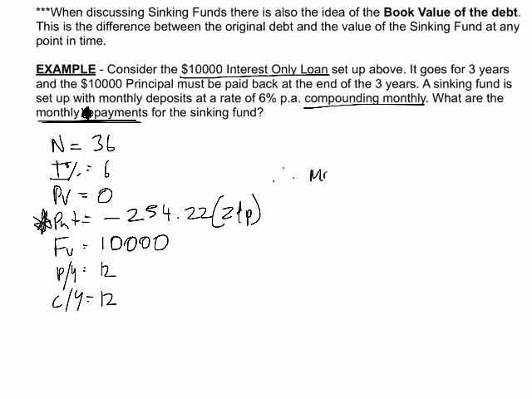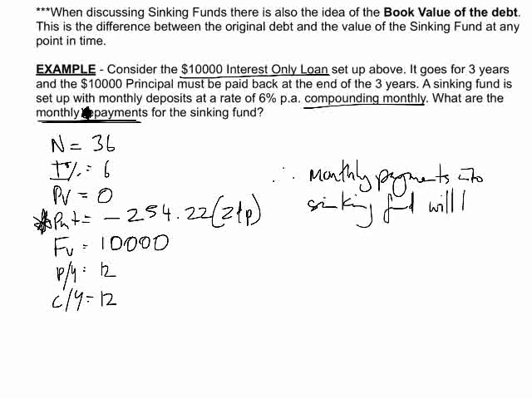Therefore, monthly payments into the sinking fund will be $254.22. Alright, so that's how a sinking fund works.